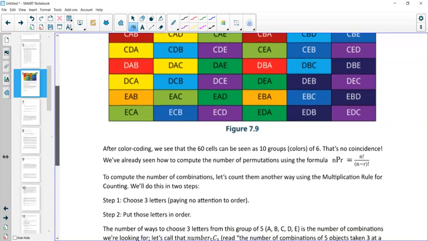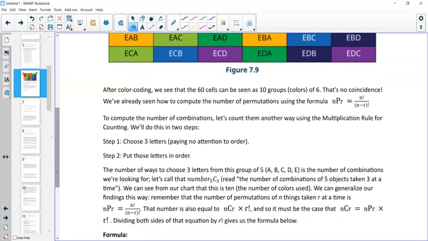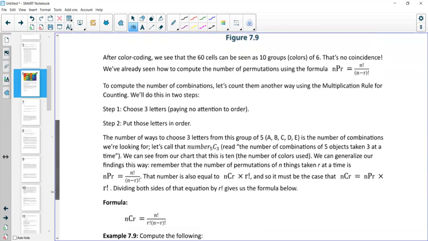We do this in 2 steps. Choose 3 letters, paying no attention to order. Then put those letters in order. The number of ways to choose 3 letters from the group of 5 is the number of combinations we're looking for. Let's call that number 5C3, read as the number of combinations of 5 objects taken 3 at a time. We can see from the chart that this is 10, the number of colors used.